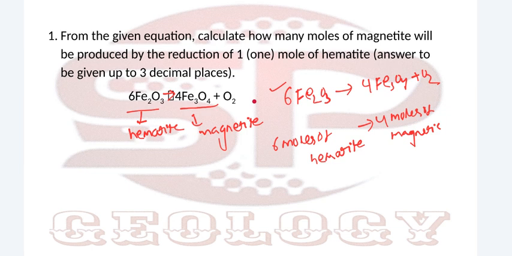So we have to calculate how many moles of magnetite will be produced from 1 mole of hematite. 6 moles will produce 4 moles, so 1 mole will produce 4 by 6 moles, which is 0.666 up to 3 decimals.